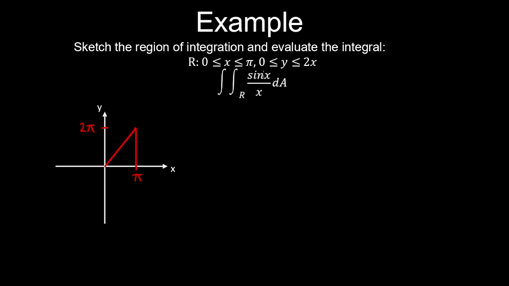Now if we first choose to integrate over x, then sin x on x cannot be written in terms of elementary functions, so we can't integrate it. So what we'll do is integrate our function over y first, and then integrate the result over x. So in other words, we're going to use vertical cross sections.